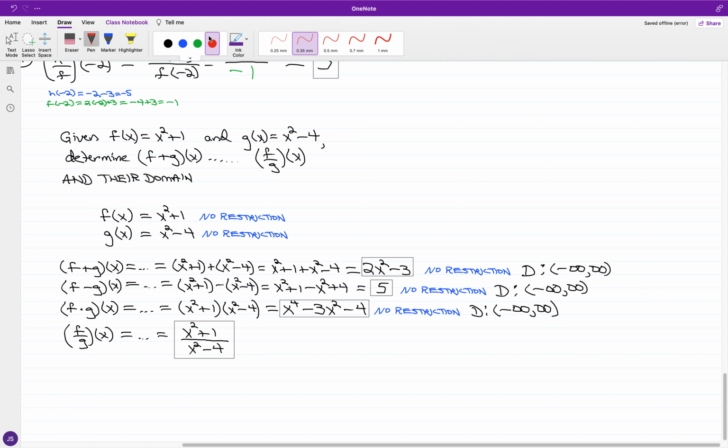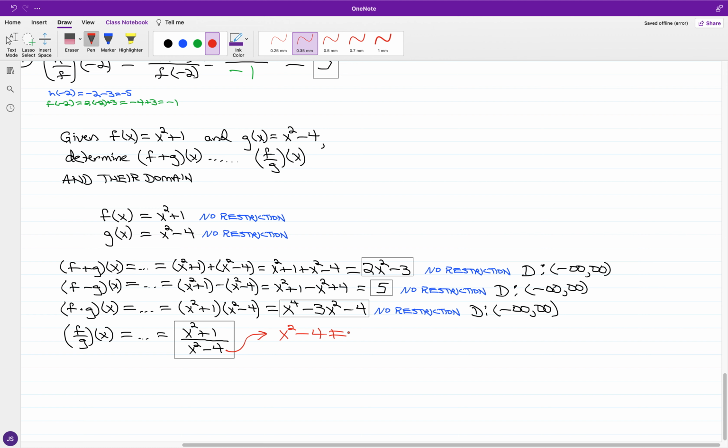And once again, the quotient function can be the odd man out, because while you can work with f of x and g of x unconditionally for the sum, difference, and product functions, with the quotient function, g of x cannot be 0. So there is that situation.